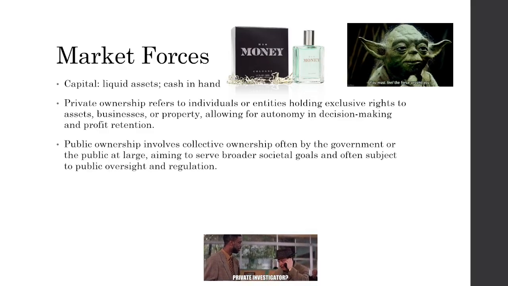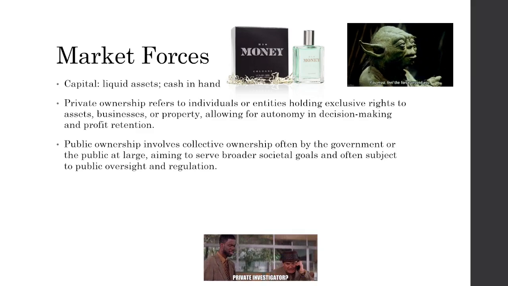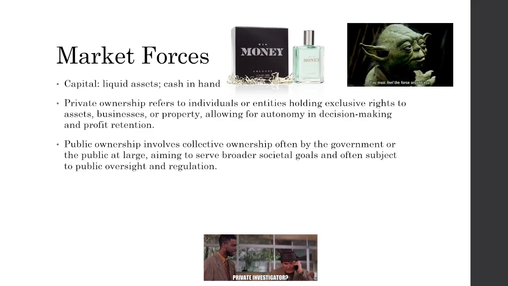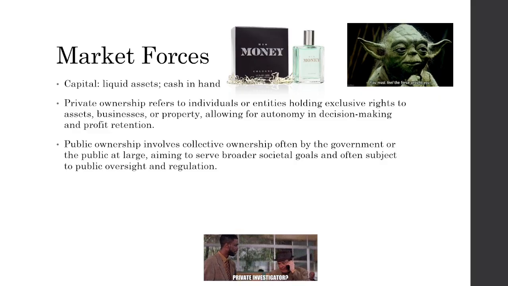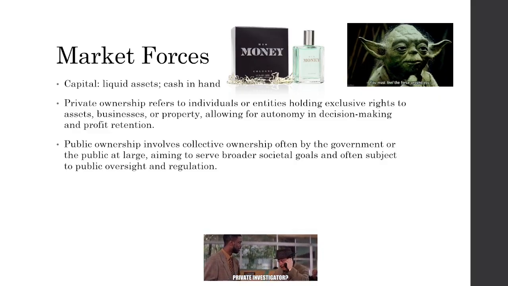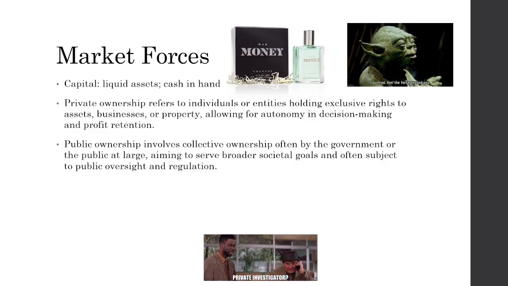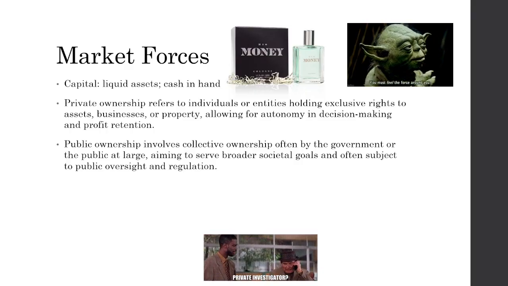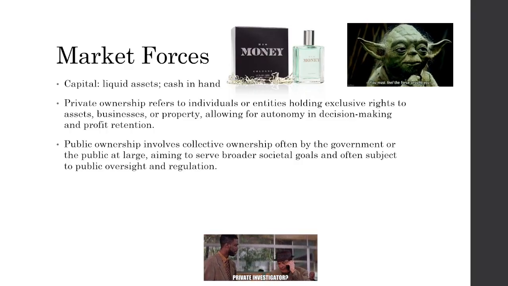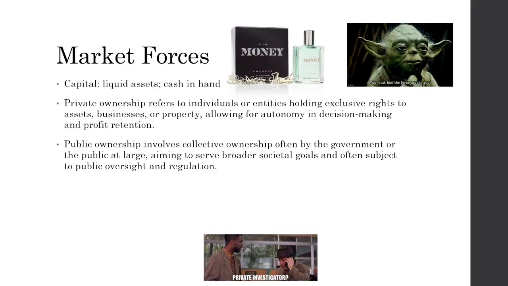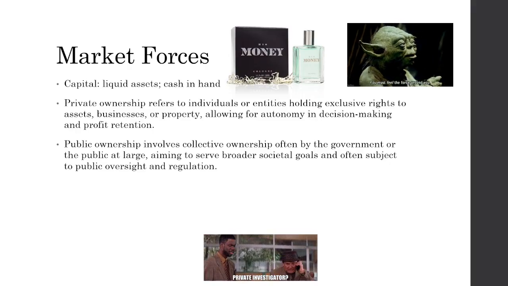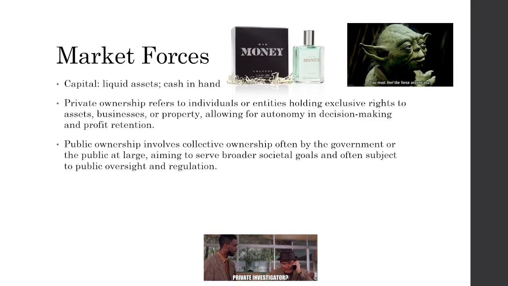Then we have public ownership, which refers to the collective ownership, often by a government or public at large, aiming to serve the broader societal goals. So public ownership, in a sense, refers to government-led organizations. So public is if you're on public versus private property. Public property is anything that the government provides, like the sidewalks or the courthouse. That's public property.